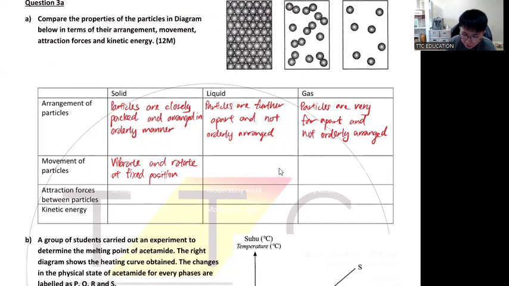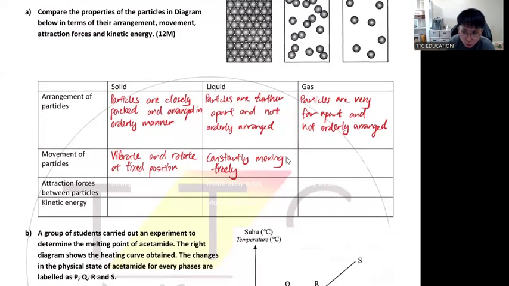Okay, vibrate, rotate, and fixed position. Then for liquid, you can say constantly moving freely. Okay, then how about gas? Also constantly moving freely, right? But add one more word. Because gas can move faster, so moving freely at high speed.